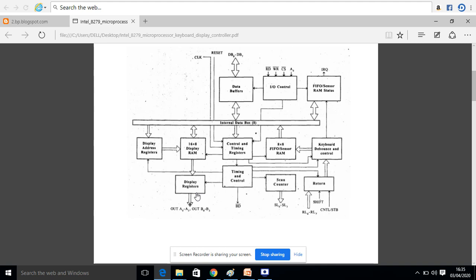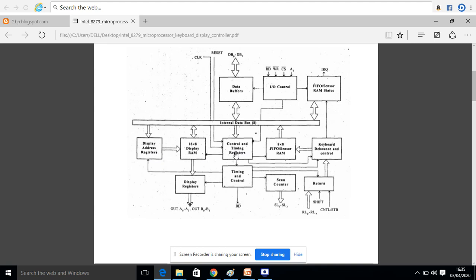Any data that comes from the display device or is to be displayed on the display device will come from the display RAM. Display RAM is a buffer portion for buffering of the data. The display address register provides the address of the display device that is to be connected with the microprocessor.